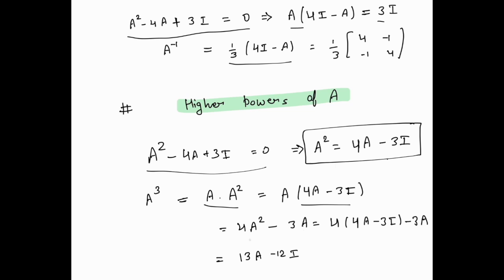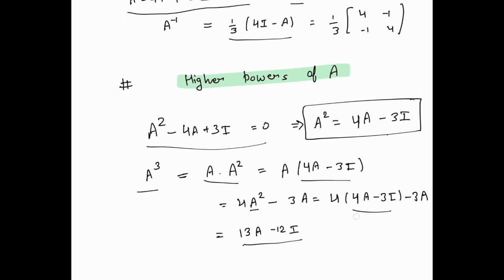We put the value of A squared again and compute 4 times 4A minus 3I, then minus 3A, which comes out to be 13A minus 12I. That is very easy to compute. We have computed A cubed without multiplying such matrices.